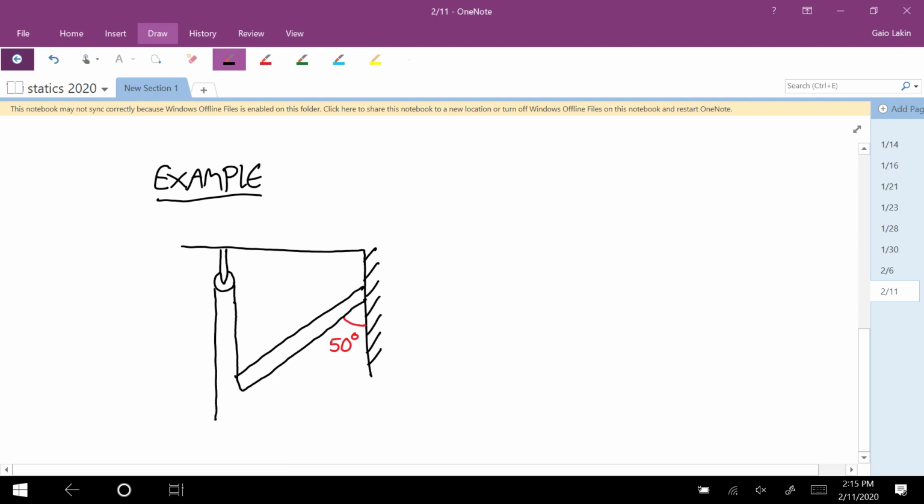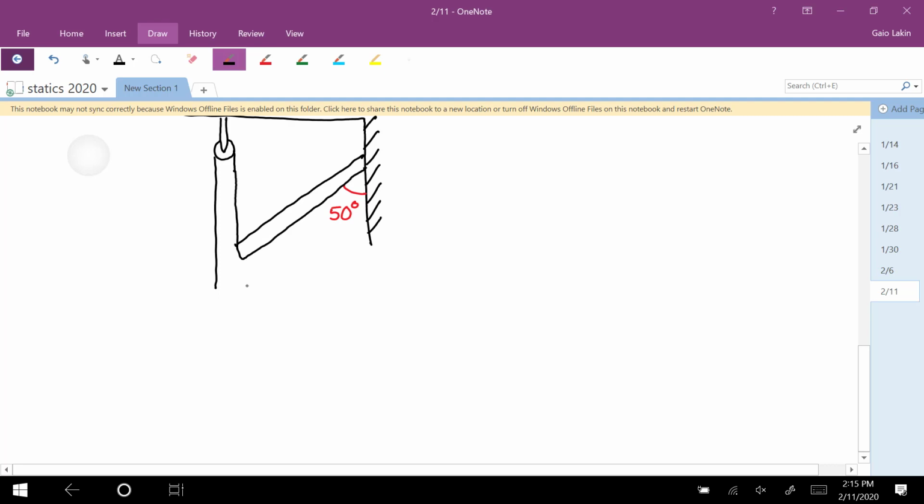And the other end is connected to a mass of 200 kilograms. The length of this beam is 2 meters.